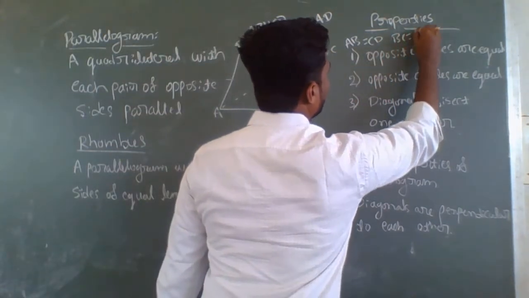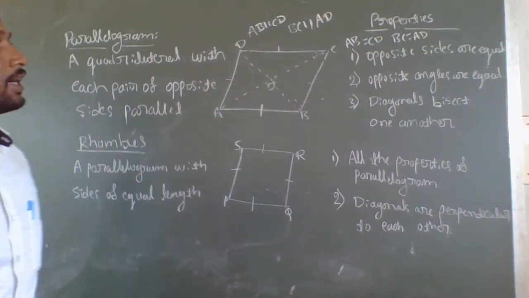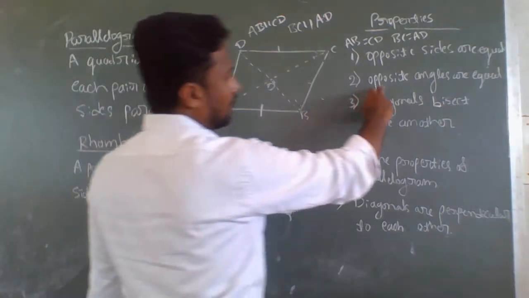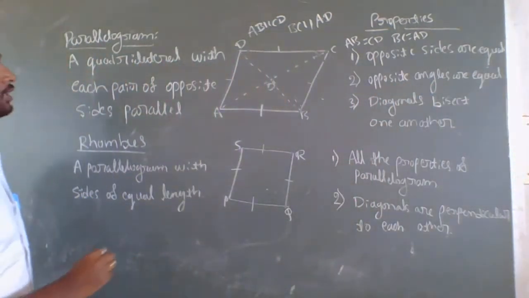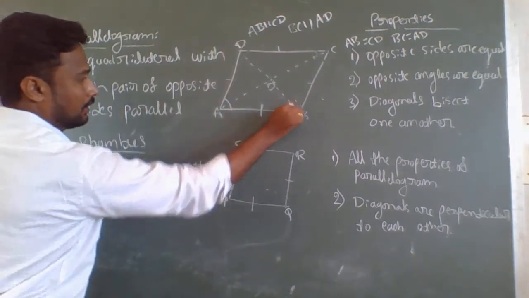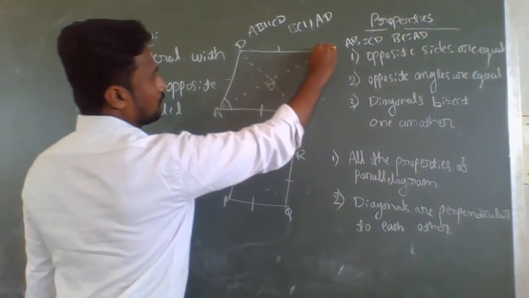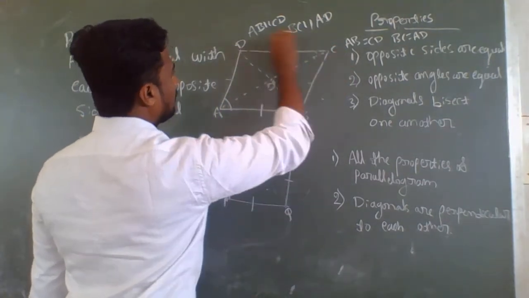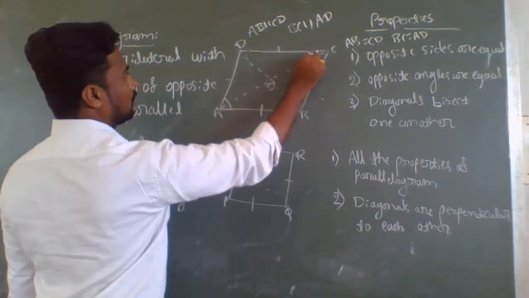Here opposite sides are equal to each other, and opposite angles are equal. Opposite angles means this is the angle DAB, and the opposite angle is this one, BCD. These two are opposite angles.